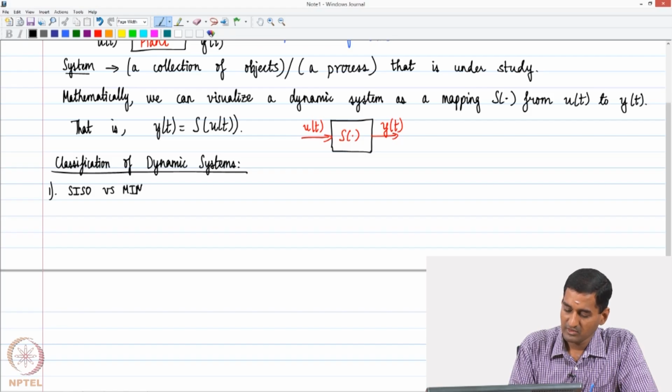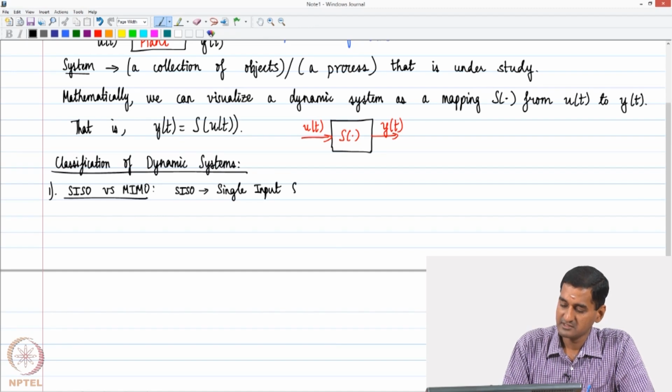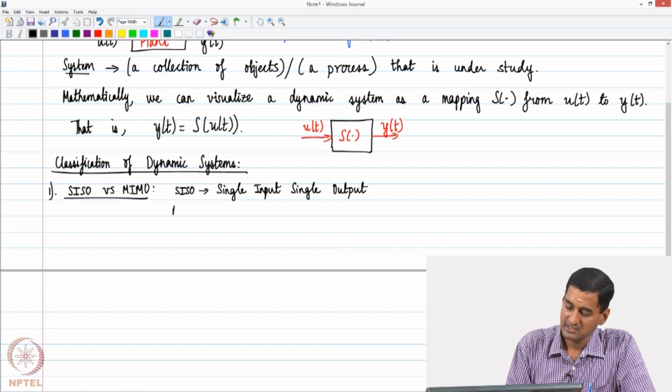Okay. So what we abbreviate as SISO and MIMO. So what is SISO? SISO is nothing but single input, single output, and the abbreviation MIMO stands for multiple input, multiple output systems.